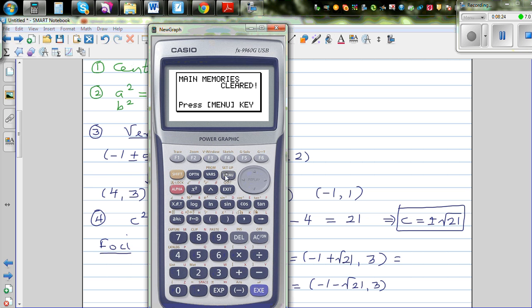Which is, when you run -1 plus root 21, it gives you 3.63.